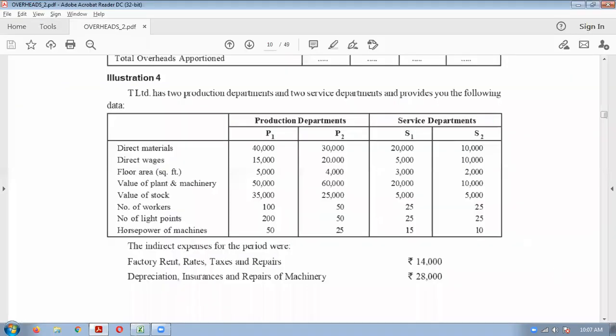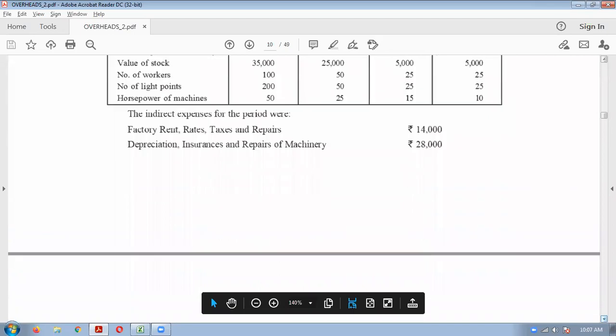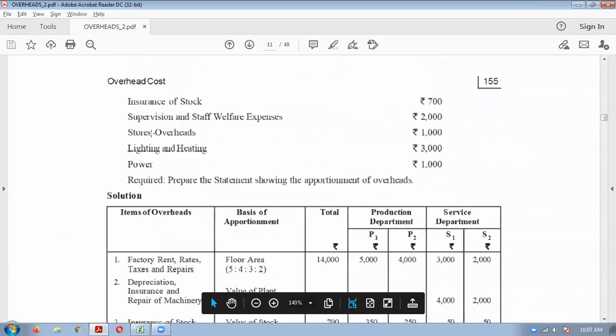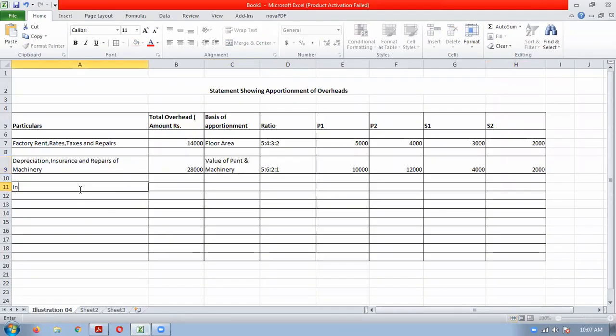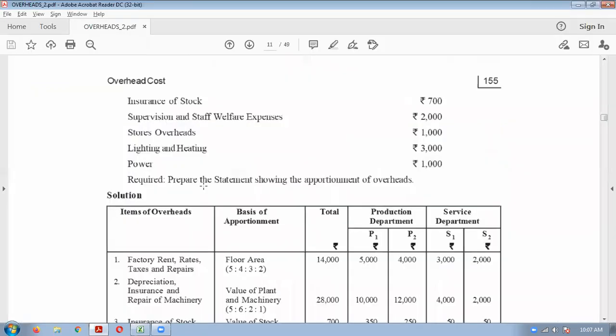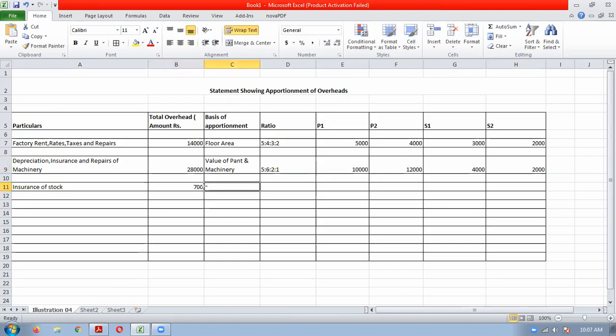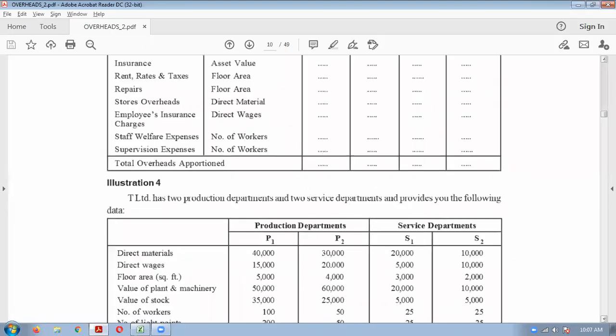Now next, insurance of stock. It is an indirect expense. What base can you use for dividing insurance of stock? 700 rupees. So we will have to check the question for the basis.